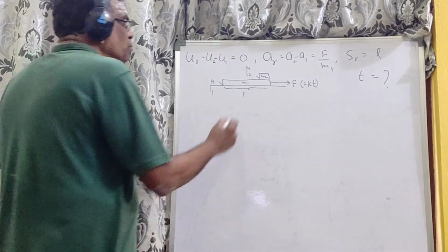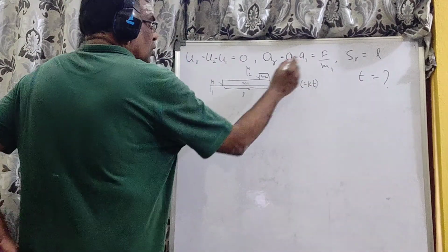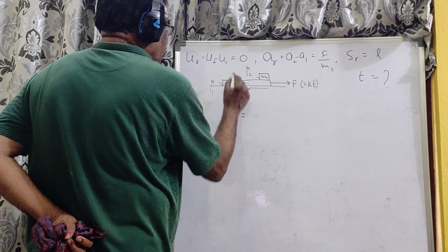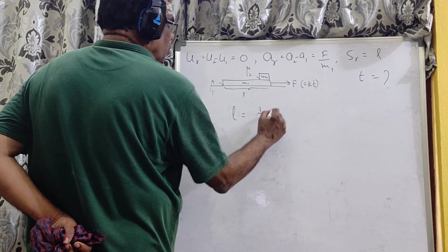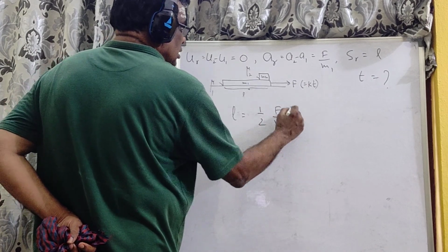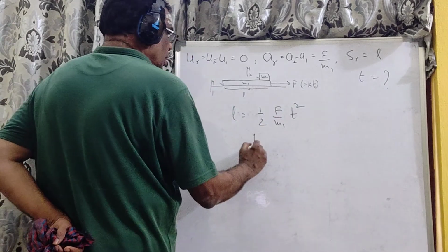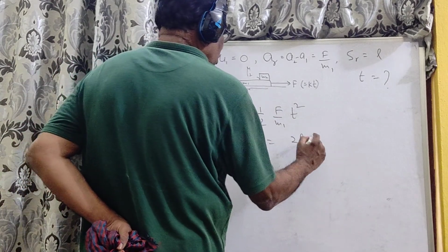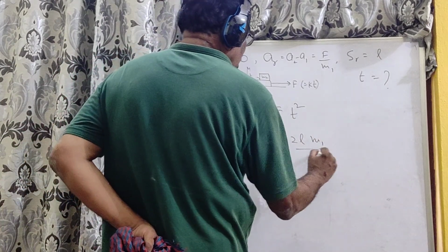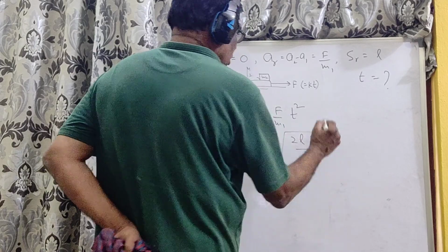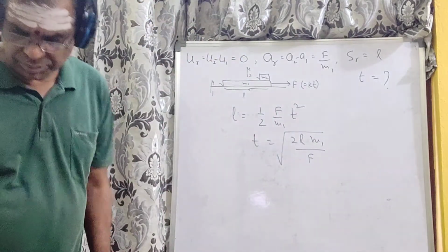If I ask you, yes, S is equal to UT plus half AT square. Therefore, T is equal to under root of 2L M1 by F.